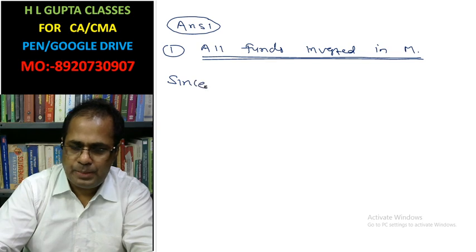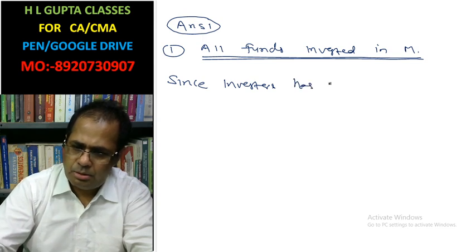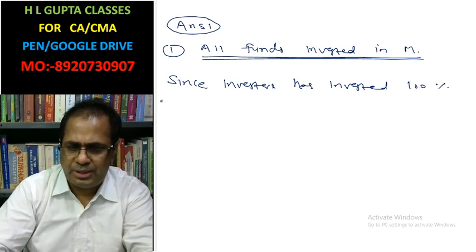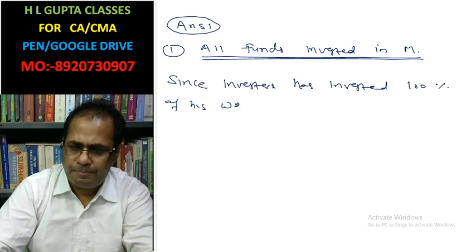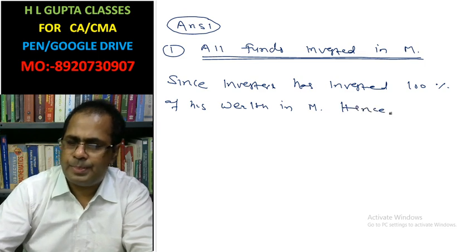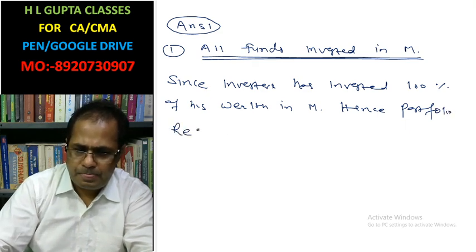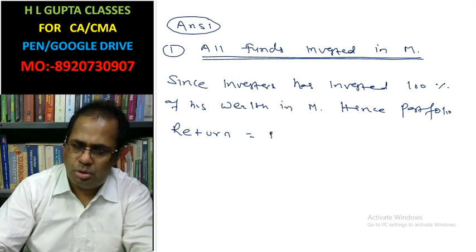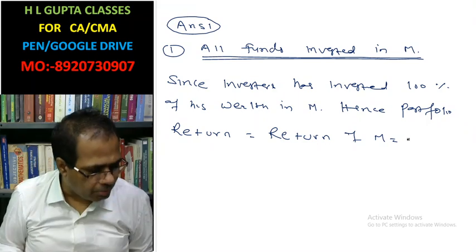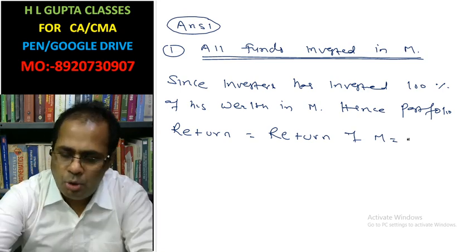Since the investor has invested 100% of his wealth in M, hence portfolio return will be equal to return of M. What is the return of M?